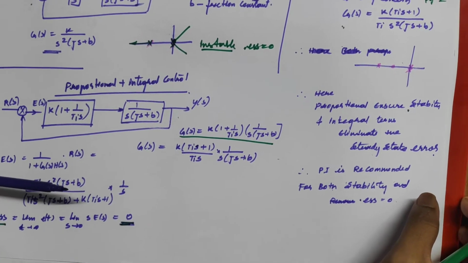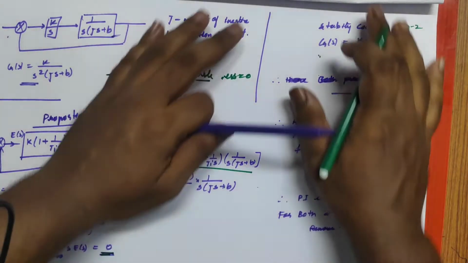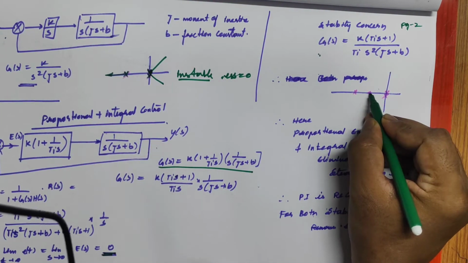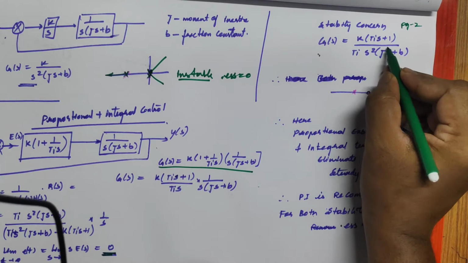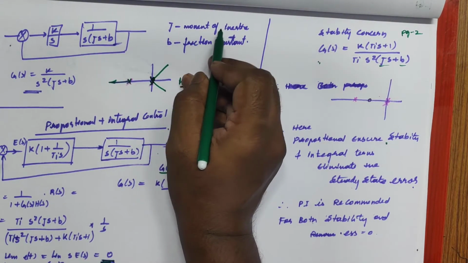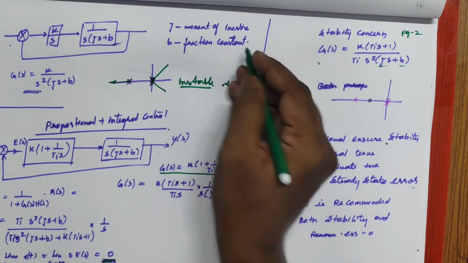Now to find the stability, I have the tool, the root locus. Here I have two poles and maybe a pole at 0, substituting the values of J. We know that J is the moment of inertia, so this is a mechanical system I have taken, and B is the friction constant.